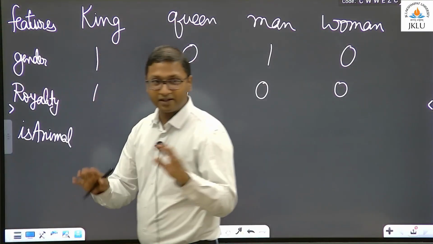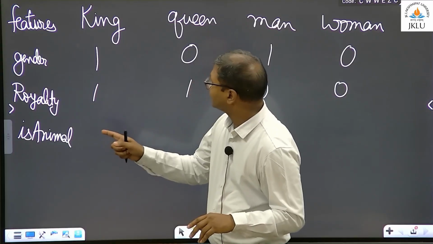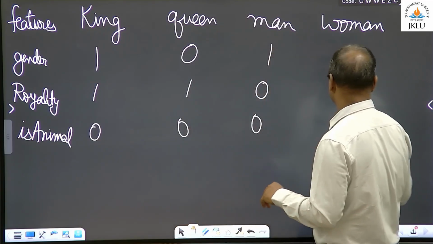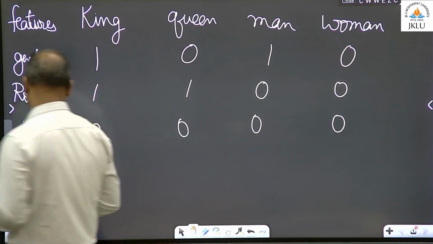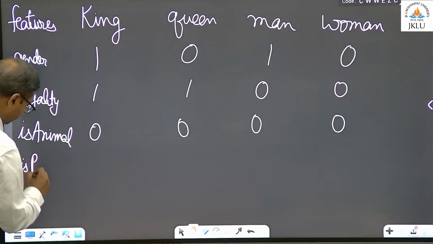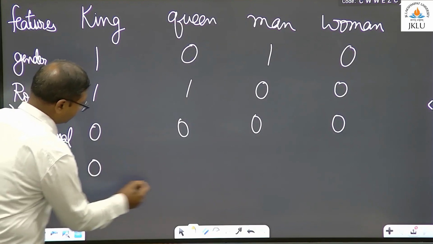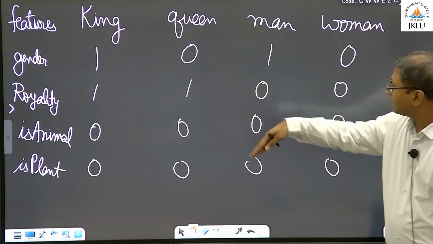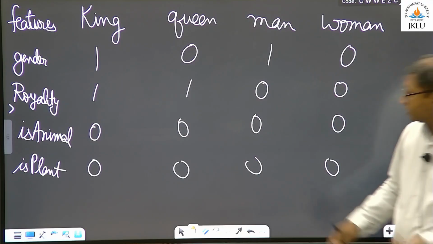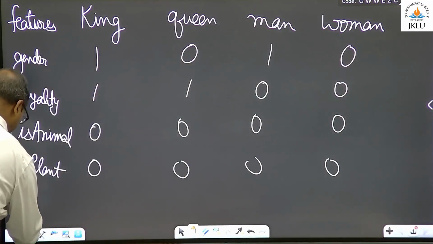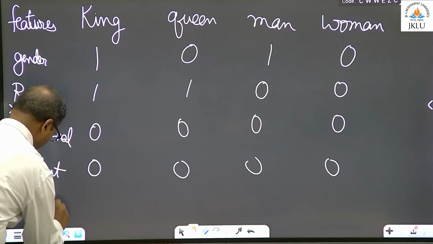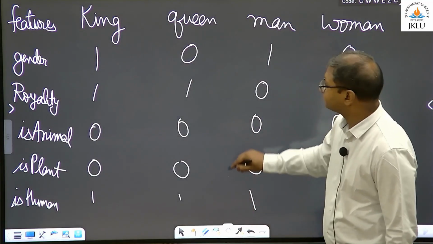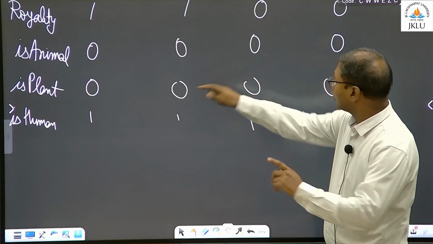Right now we are assuming human beings are not animals. So 0, 0, 0, 0. Maybe let's say is plant, 0, 0, 0, 0. Now give me something like is human, 1, 1, 1, 1. More features, whatever. I want more dispersion now.